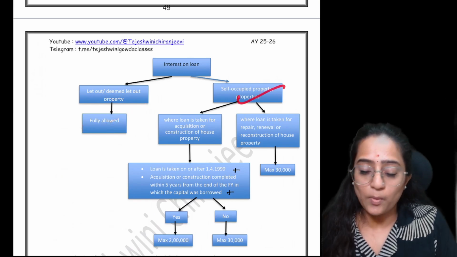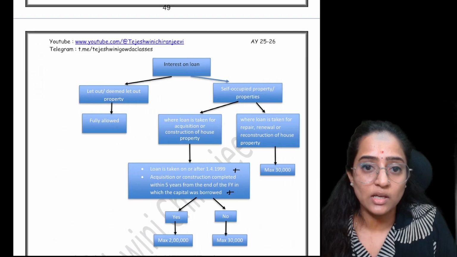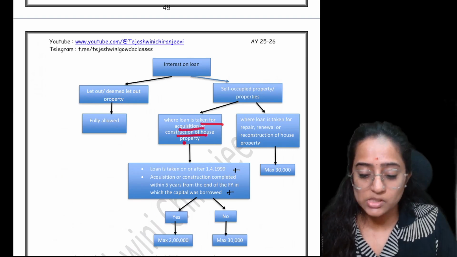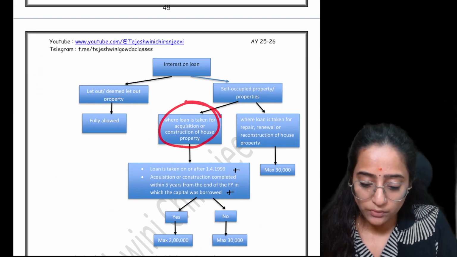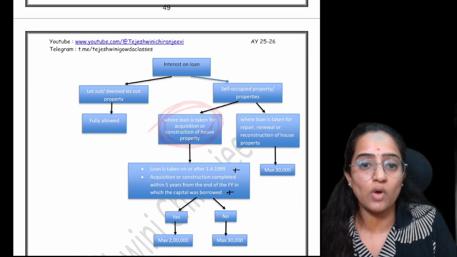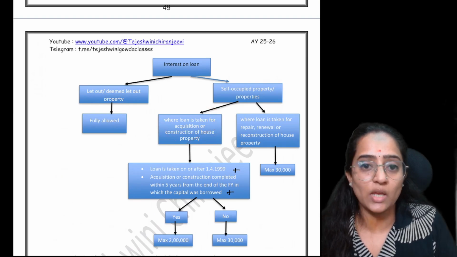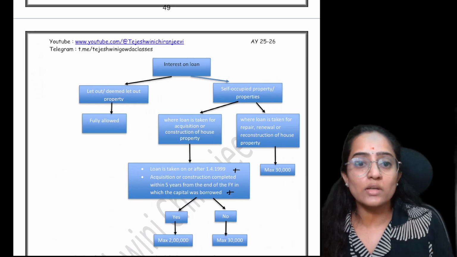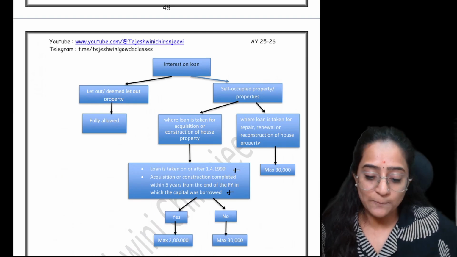What about self-occupied property? You have a restriction here again. Where the loan is taken for acquisition or construction of house property. Very simple: you have taken loan for the purpose of buying or constructing the house property.